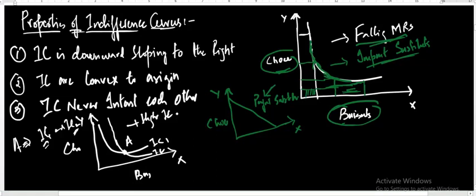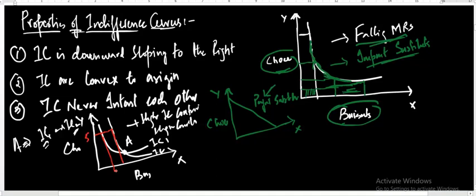So a higher indifference curve contains higher commodities, which is actually true if you look here. Indifference curve 1 has only this amount of the commodities, while indifference curve 2 has more.